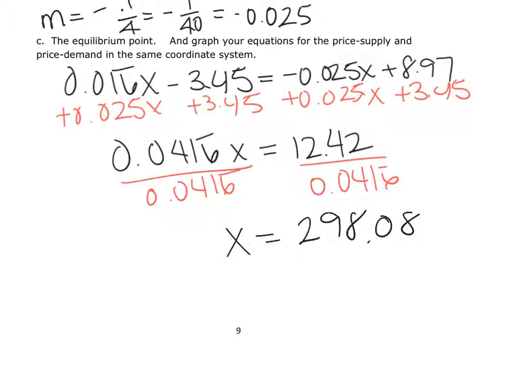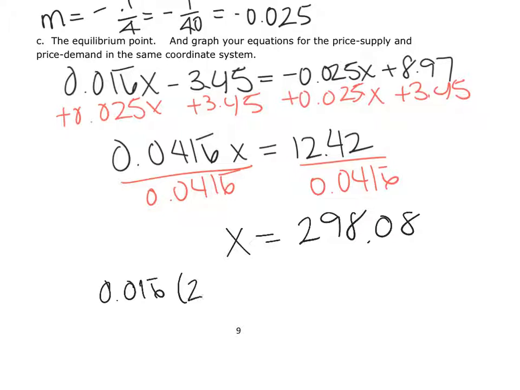And so that gives me my x value. So I know what my equilibrium amount is. That's x. But I still need to find my y value. And so I need to know what the price is. And so I'm going to take this x value, I'm going to put it into one of the two equations. It doesn't matter which. I'm going to go ahead and put it into the first equation. So I'm going to put that into the 0.016 repeating.